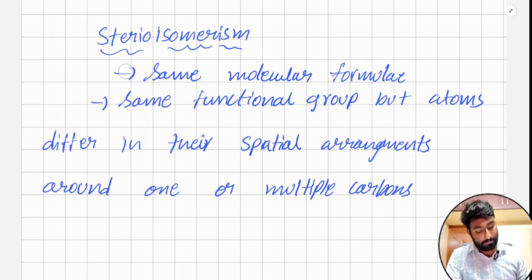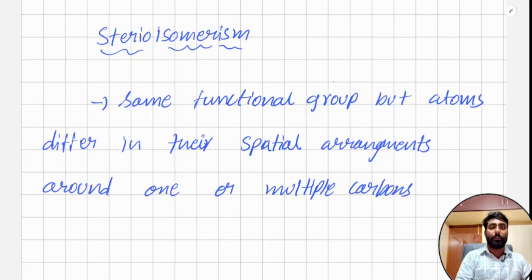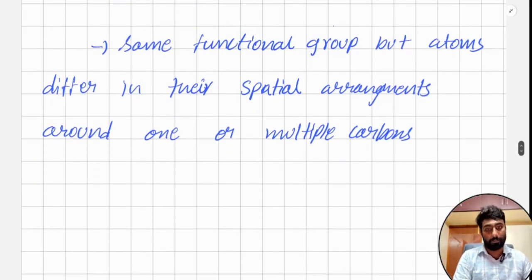What are these stereoisomers, students? These are isomers which have the same functional group but atoms differ in their spatial arrangements around one or multiple carbons.